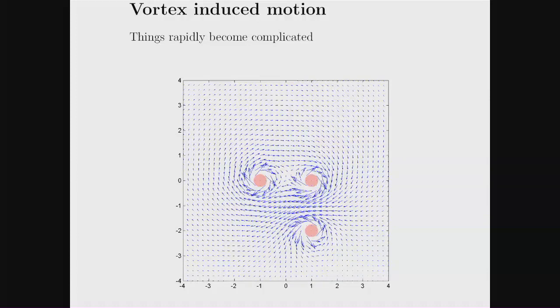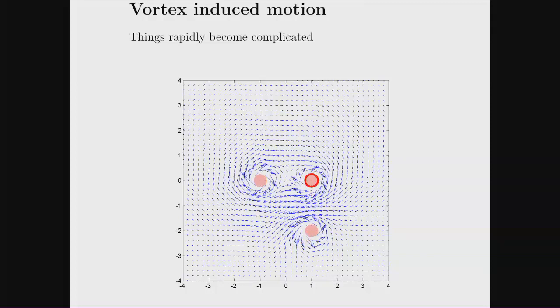Okay, now when you have three vortices, it's going to get a bit complicated, right? And it's not so easy to predict by hand, but you can use MATLAB to predict the flow quite easily. Right, so I have one vortex on the top left here, which is rotating clockwise, which would induce a downward motion to the vortex on the right, and at some diagonal velocity to this vortex here.